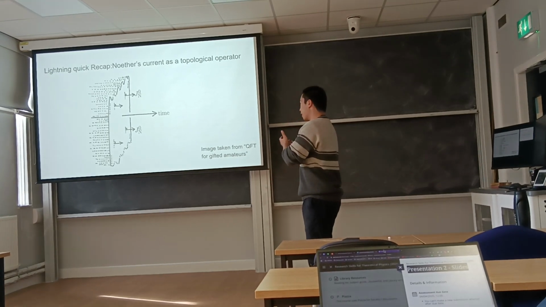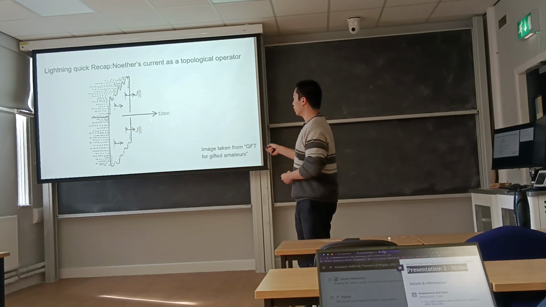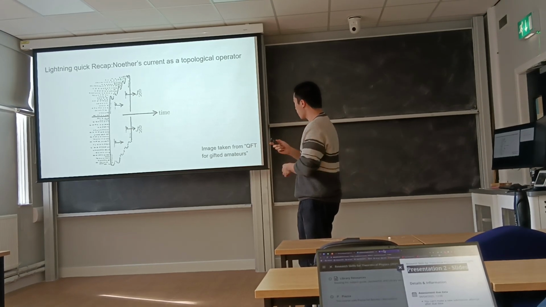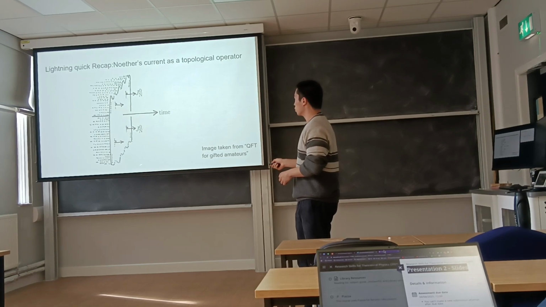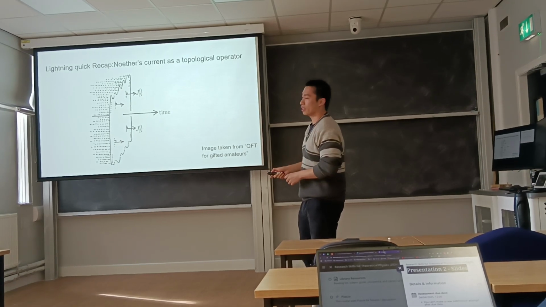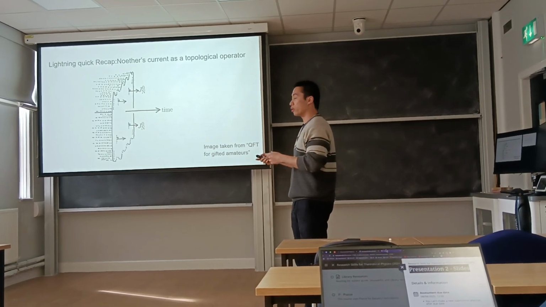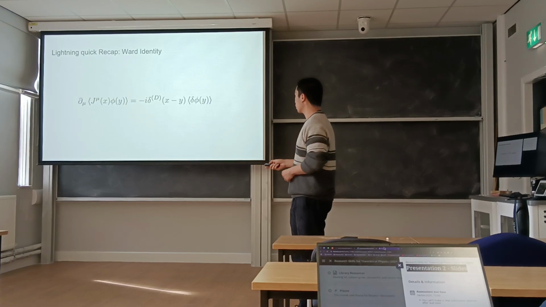So a charge is then the integral of a Noether's current over the spatial slice. This is the picture to keep in mind in terms of topologically what is going on, because we will be generalizing this as well in the rest of the talk.